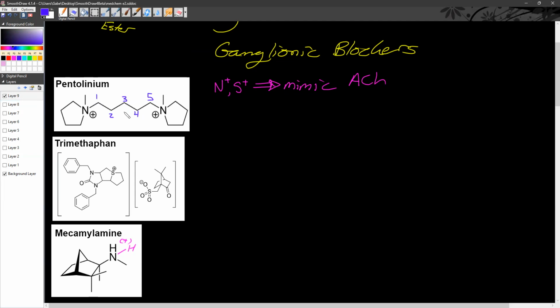What's really interesting about these drugs is that this space of about 10 to 12 carbons is the maximum size of the receptor.